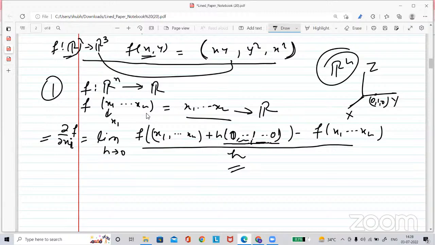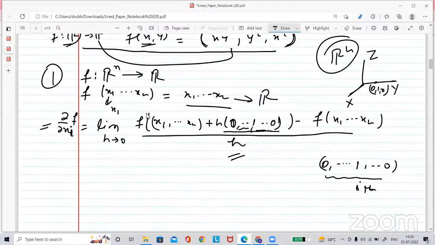So in general, the unit vector in the direction of the ith axis is (0, ..., 1, ..., 0), where the 1 is at the ith place.